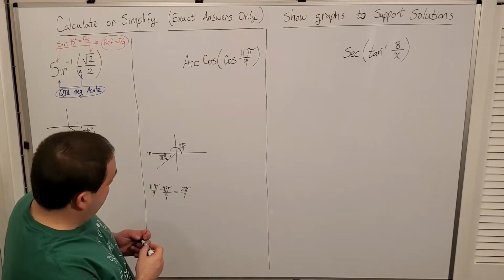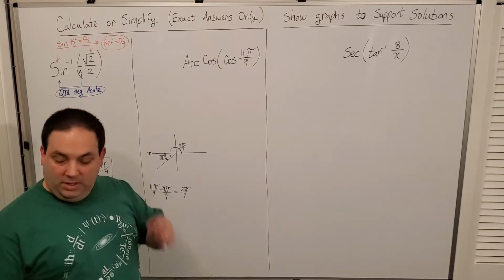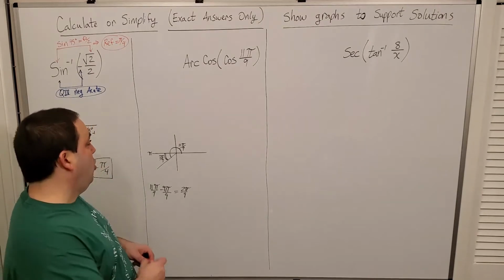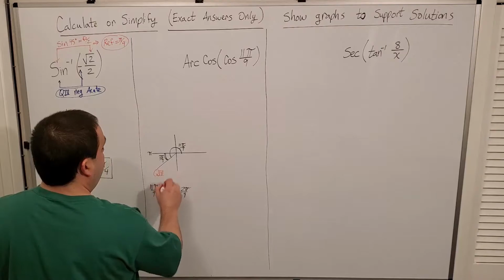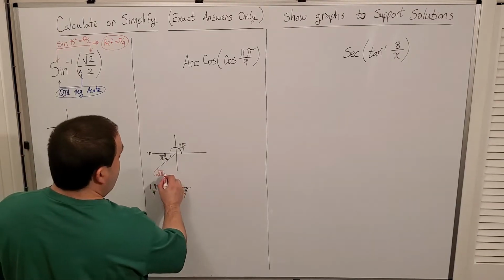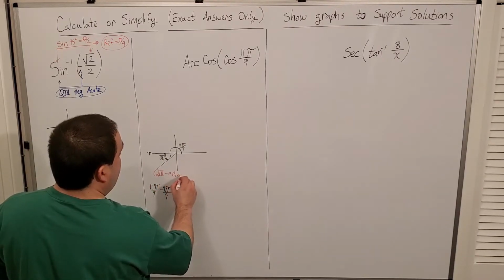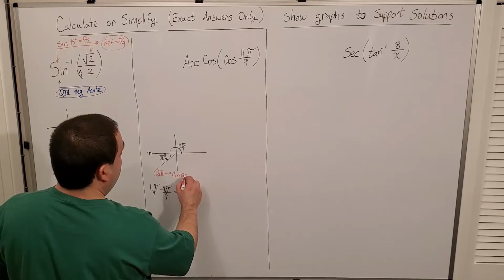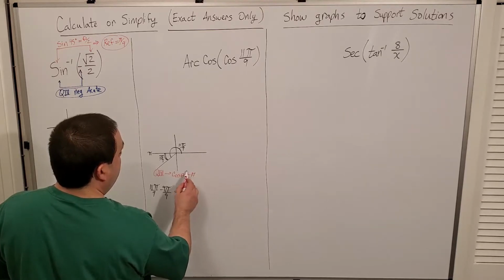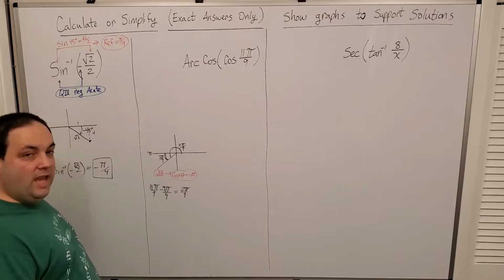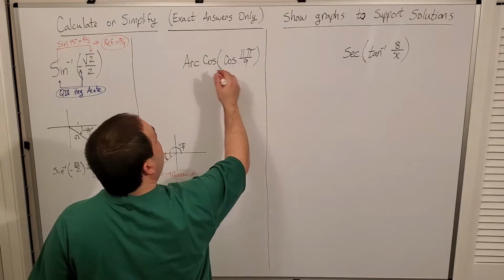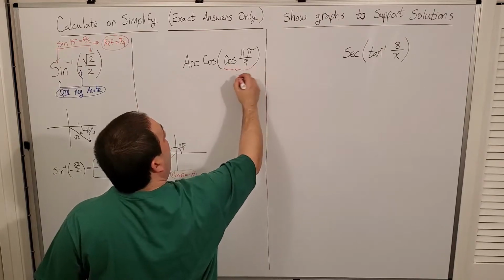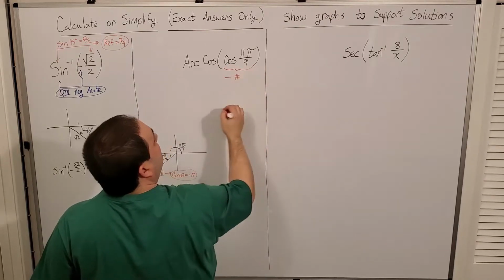Okay, next, you need to assimilate that this is quadrant 3, right? This is quadrant 3, which means cosine is negative. Cosine of theta is equal to a negative number. So that means that I'm doing the inverse cosine on a negative number here.